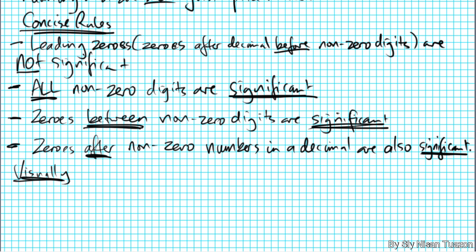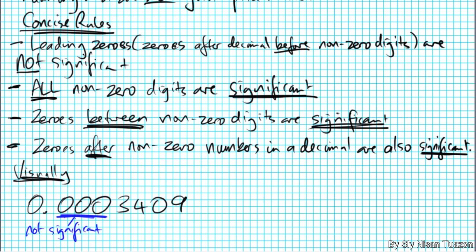So visually, if I was to write a number, let's say 0.00034009, based on those rules, how many significant figures do I have? Well, according to the first rule, leading zeros after the decimal before non-zero digits are not significant.